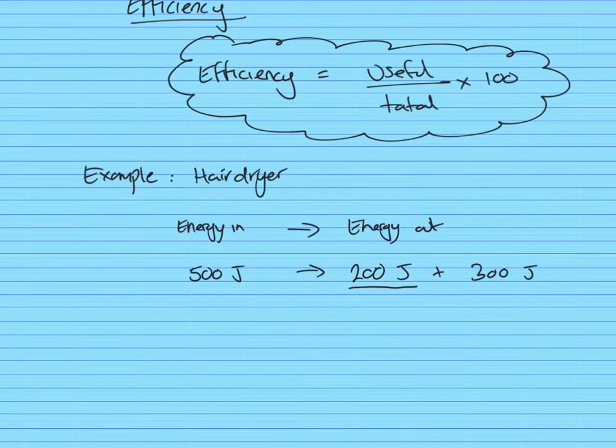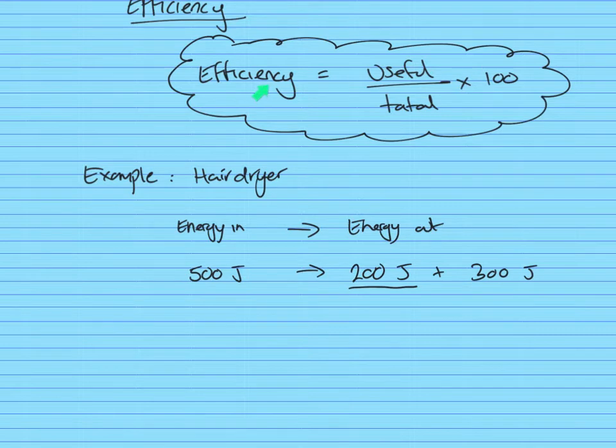The hairdryer, the first one we did. Let's just say the electrical energy in a hairdryer was 500 joules, because energy is measured in joules. And let's say 200 joules were the heat and the movement, the kinetic, and then the 300 joules was sound. So I've got a wasted energy of 300 and a useful energy of 200. How do I calculate the efficiency of this hairdryer?